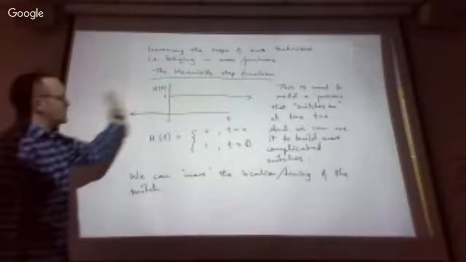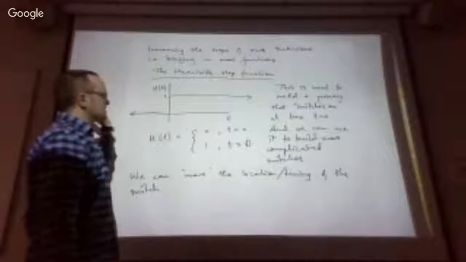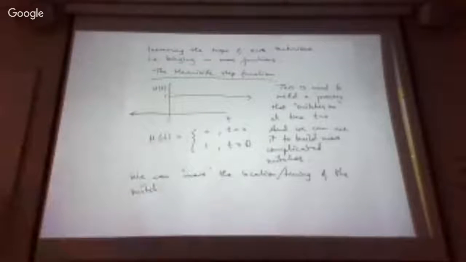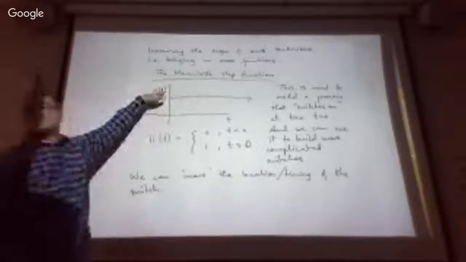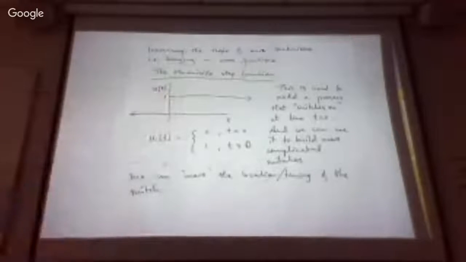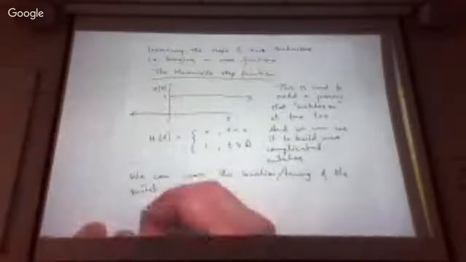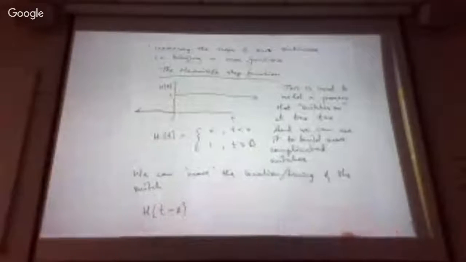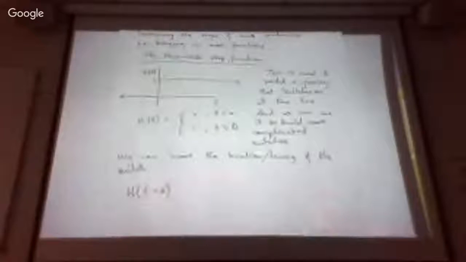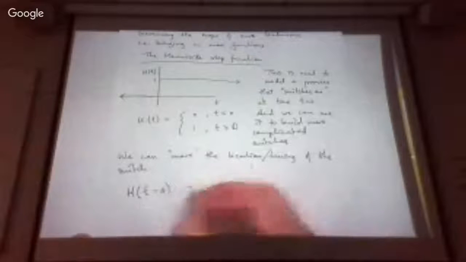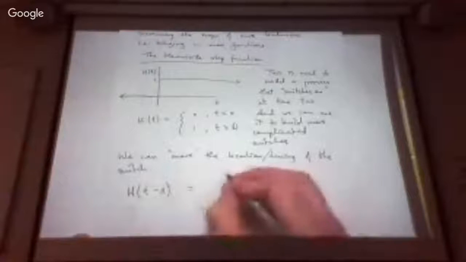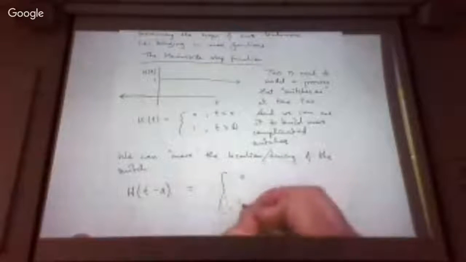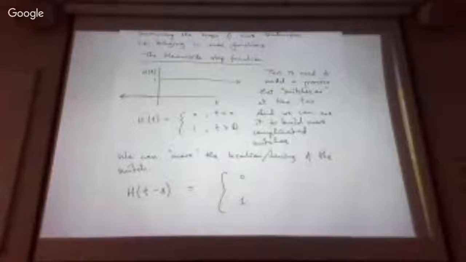Translating the graph right or left on the axes corresponds to shifting the argument t to the function. The Heaviside function, and this is the conventional way we write it, you could do t plus a, but here t minus a. But you see, it's still the same Heaviside step function, so it's still just going to take two values, 0 and 1.